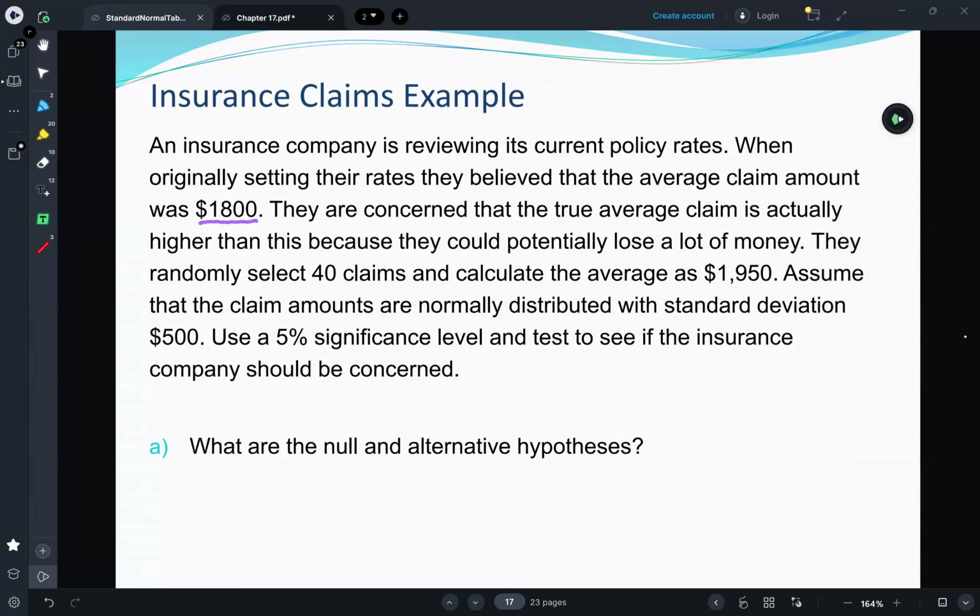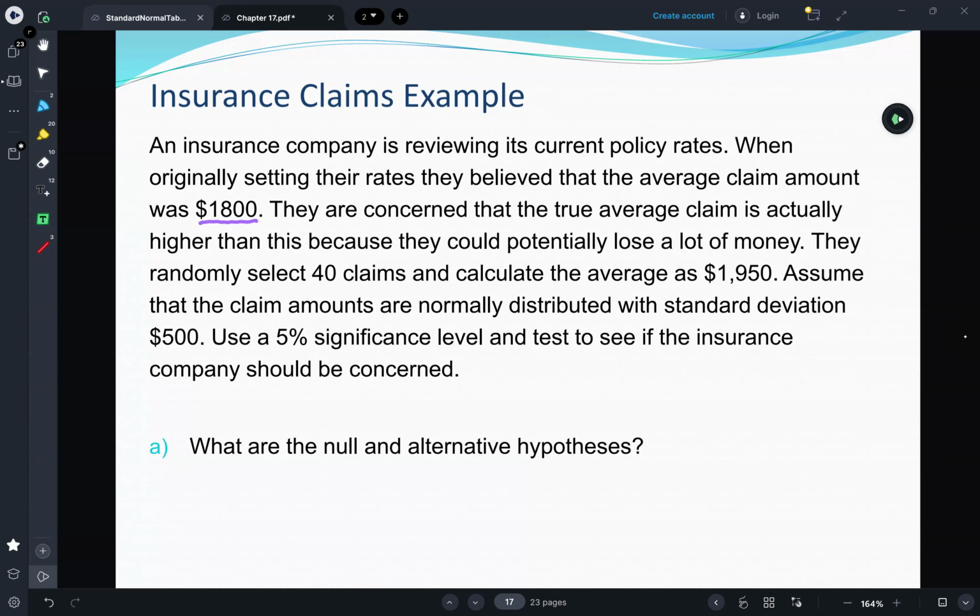Okay, so you can stop right there, 1,950, and you go, geez, that is higher than 1,800. Maybe we should just stop the analysis right there and tell the insurance company, yes, they should raise the premiums because the average was 1,950 and it's way higher than 1,800. But we could just stop there.